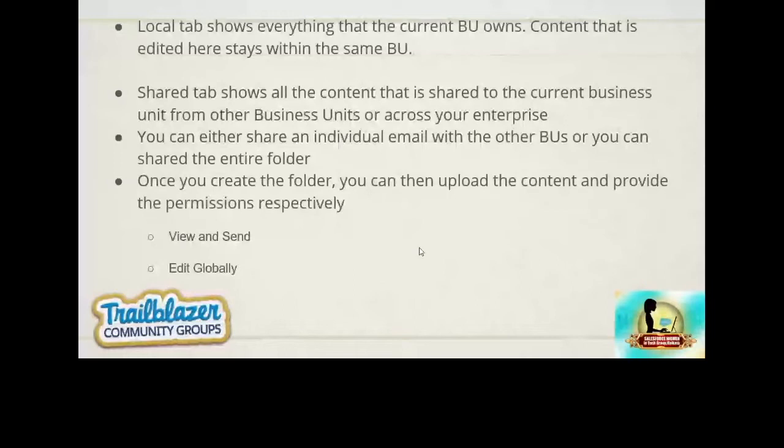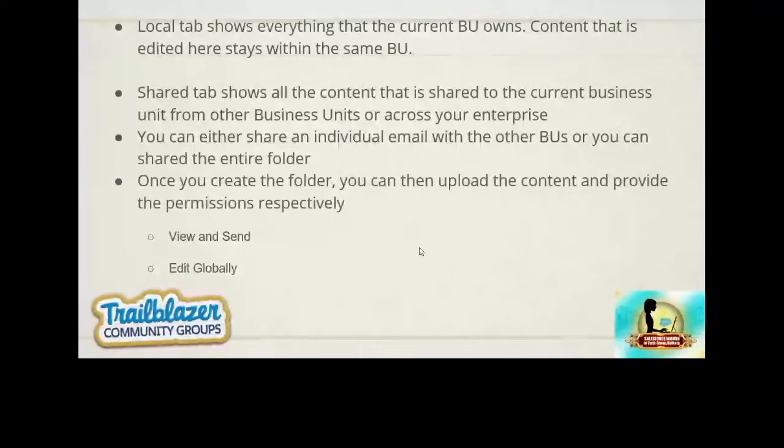So in this case, what comes into the picture is the sharing folders. What I can do is just upload into the sharing folder and give them share access, and the share access again can be restricted. You can only view and send the content, or probably edit it. Okay, so for edit, again there are two types: edit the content globally, so that the changes that you make in the content get reflected to the entire BUs, or edit it locally.